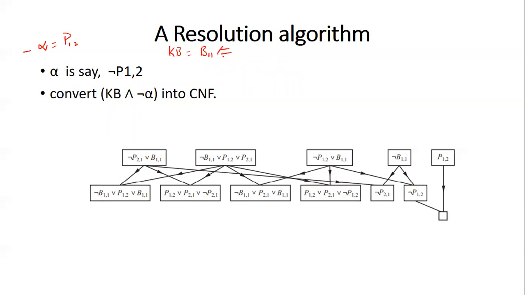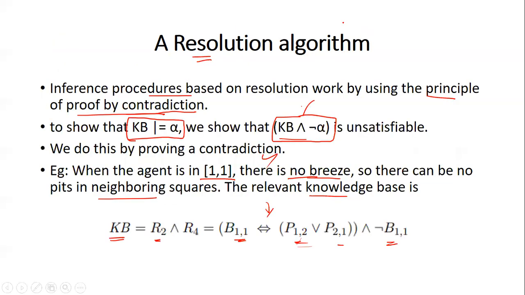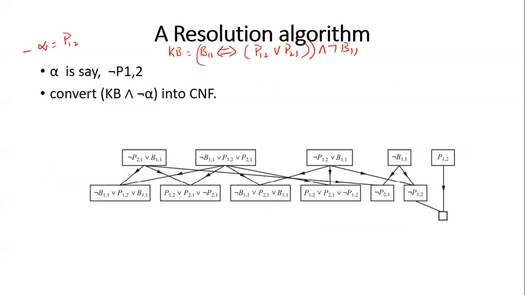Breeze in 1,1 implies pit in 1,2 or pit in 2,1, right? But we know that there is no breeze in 1,1. So this is what KB is. Now first we should convert this into conjunctive normal form. So first we have to remove this bidirection.